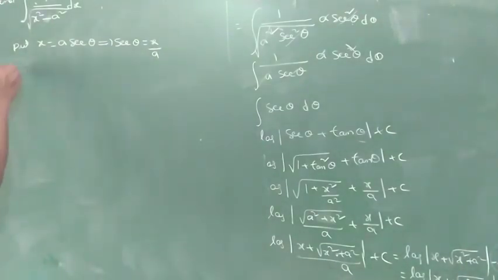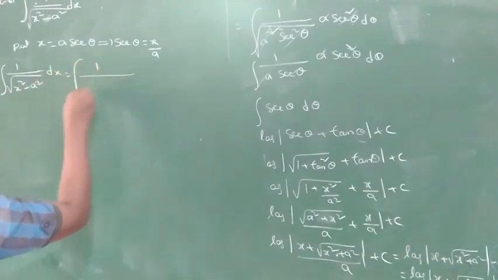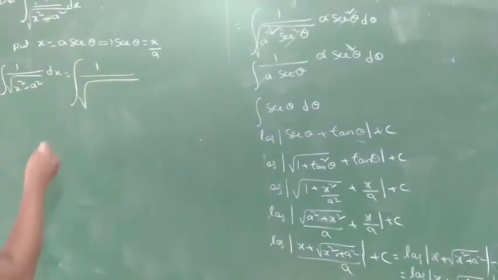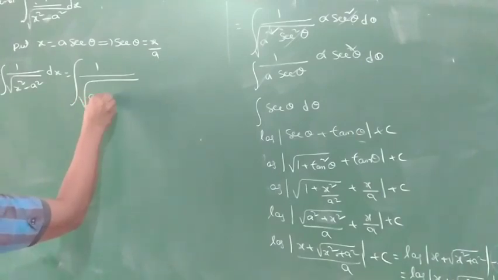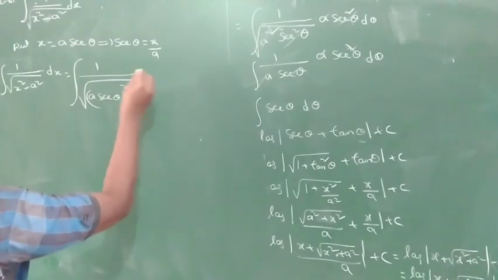So the integral of 1 by root of x square minus a square dx becomes the integral of 1 by root of (a secant theta) whole square minus a square.